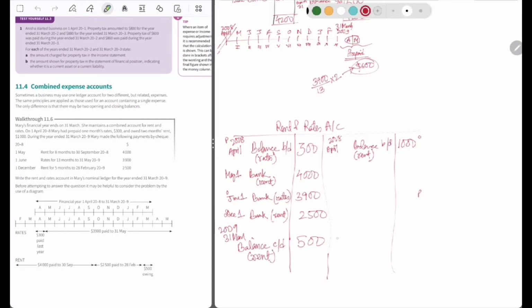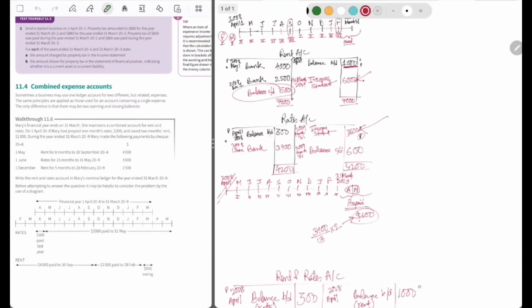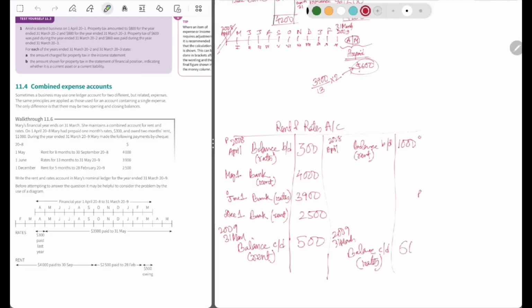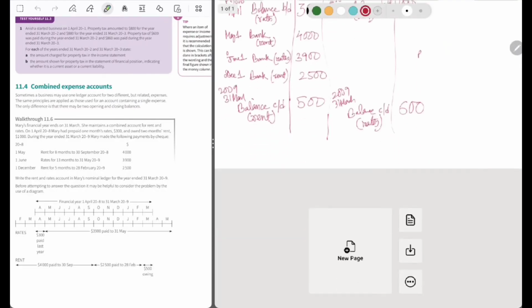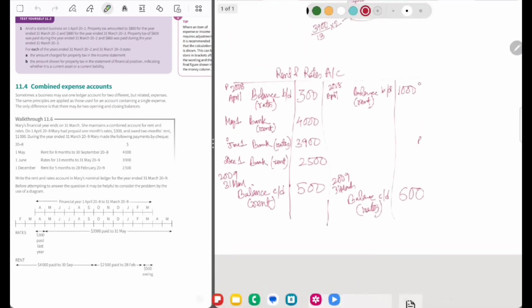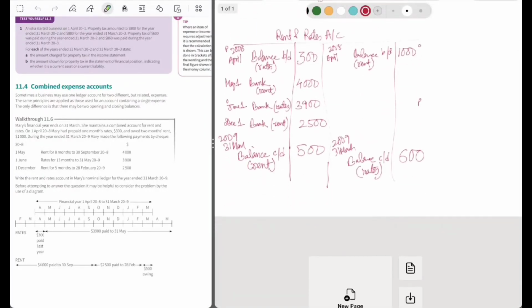Yes, whereas on 2009 31st of March we also had a balance that is carried down, whereas this balance is for rates. Yes, what is the amount of balance for rates? It is $600. Now what we do, in individual account we used to add it individually, right?